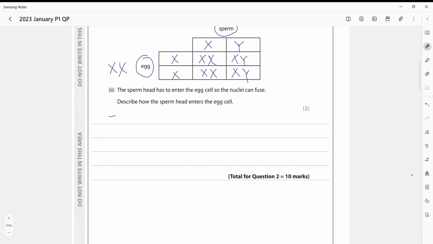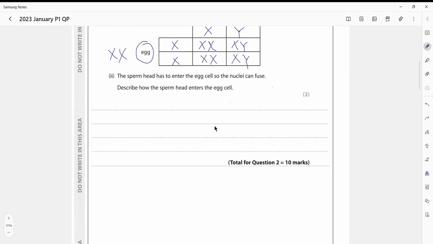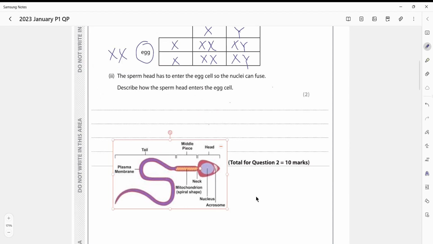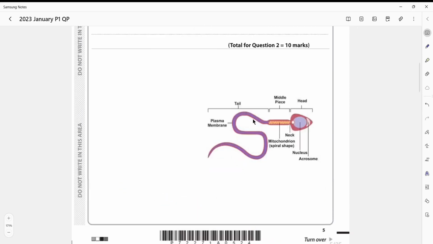So actually, let me just include a diagram so that you can see. Okay, so you can see here at the head of the sperm, we have this thing called the acrosome, and the acrosome is here. Okay, let me just put this to the side.